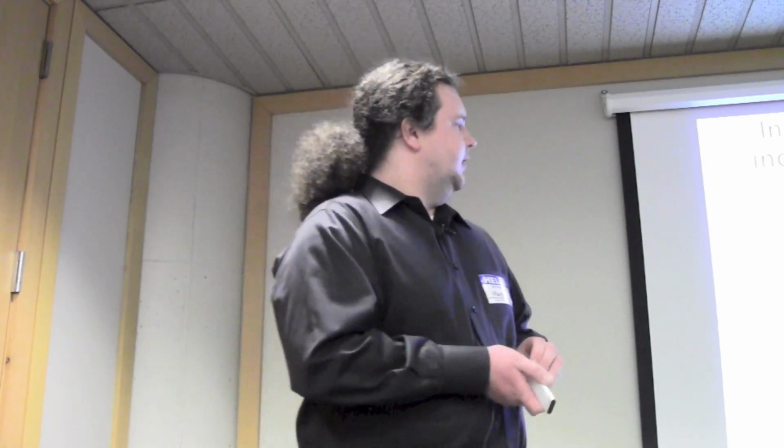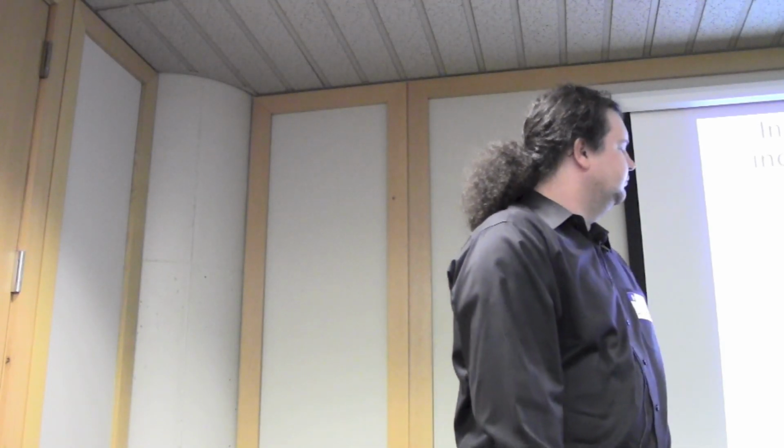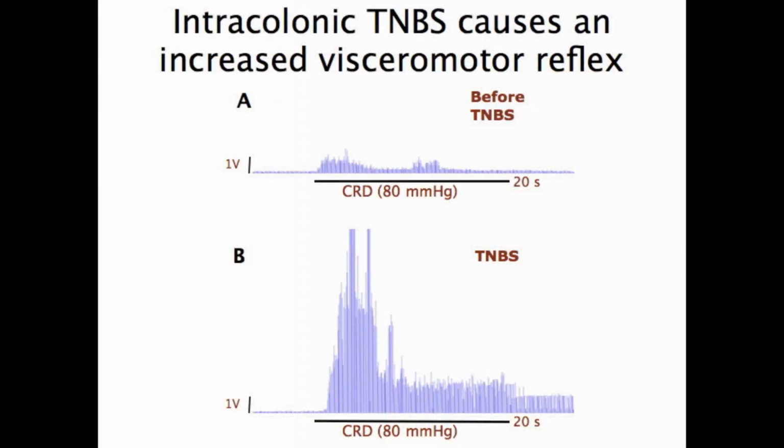So we insert a balloon into the colon and inflate it to 4 different pressures, 20, 40, 60, and 80 millimeters mercury, with the normal threshold occurring right around 40 millimeters mercury. Then we insert electrodes into their external oblique muscles, and we can measure how much the rat is guarding. On the top, you see a trace of electromyography.